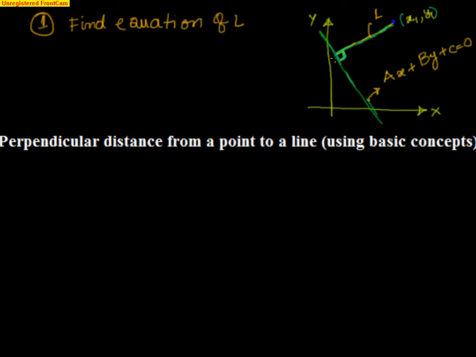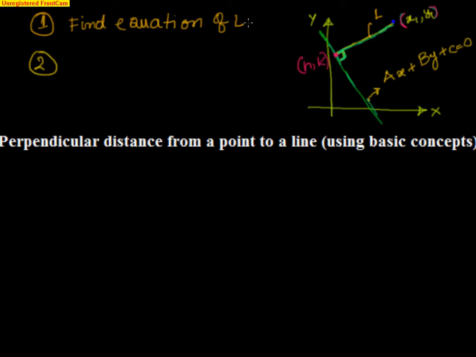We have to find the distance between x1, y1 and the point of intersection of these two lines. Let us say this point is h comma k. We want to find the distance between x1, y1 and h comma k. So first I should know this line equation, then I can find the point of intersection, then I can find the distance. We are only using the basic concepts we have learned.